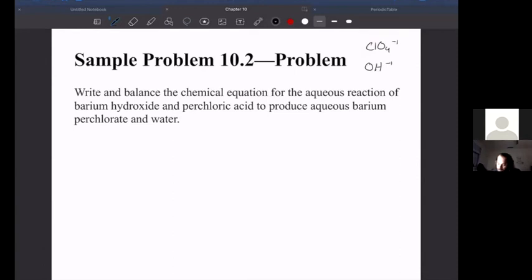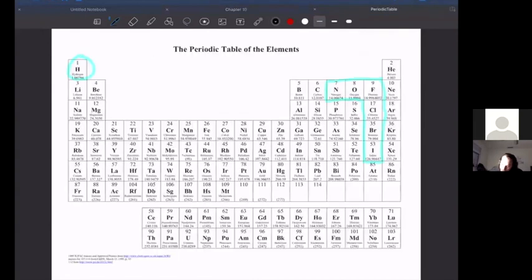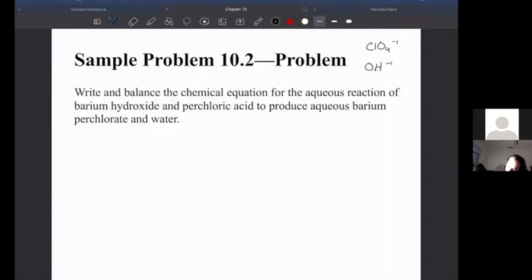So that's OH minus. Barium hydroxide, now I got to go to my periodic table. I find barium. Barium lives in the second column, so that means it has a 2+ charge. So barium hydroxide is Ba2+ and OH minus 1.